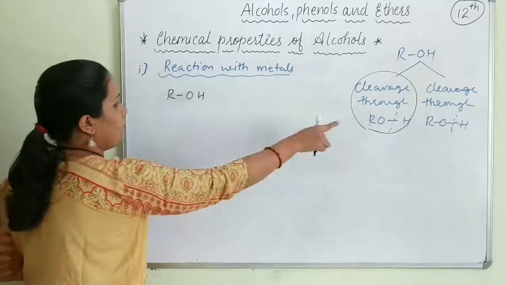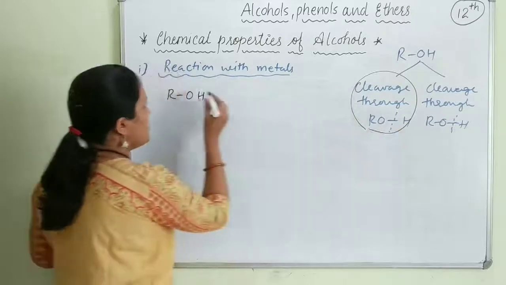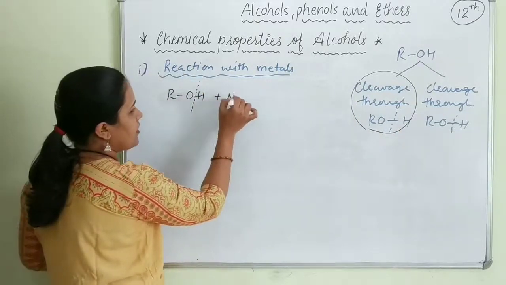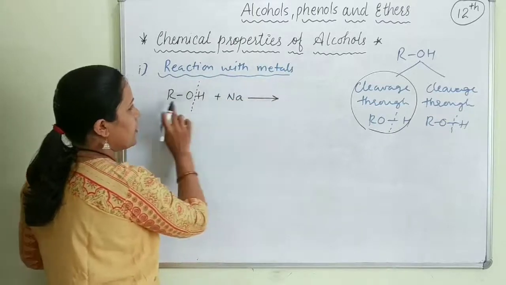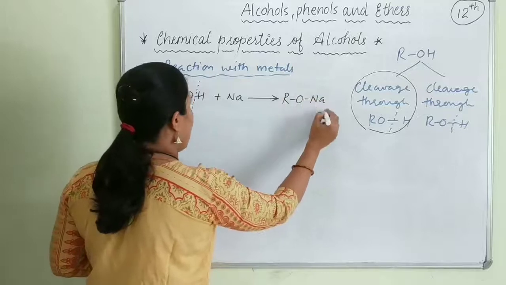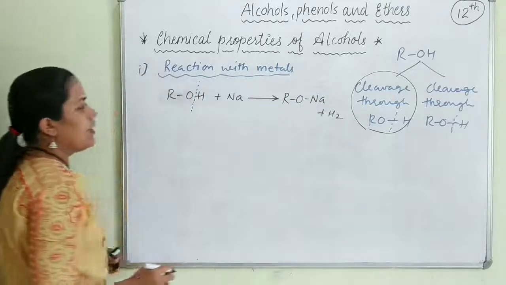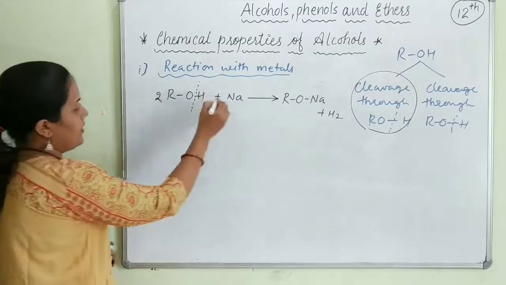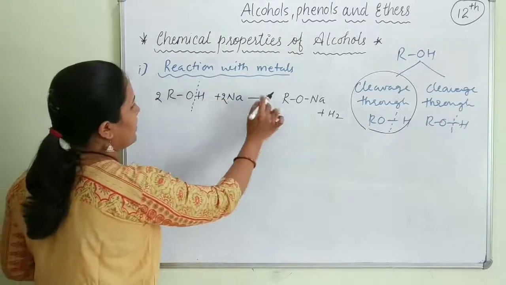We know that the cleavage should be through H. So here it will cleave, and when there is a reaction with sodium, we can get the product as RONa, and H2 gas will get released. So you need to write it as a balanced chemical equation.